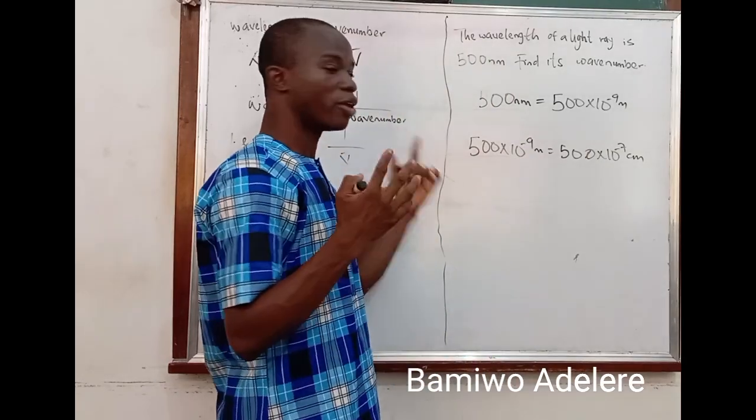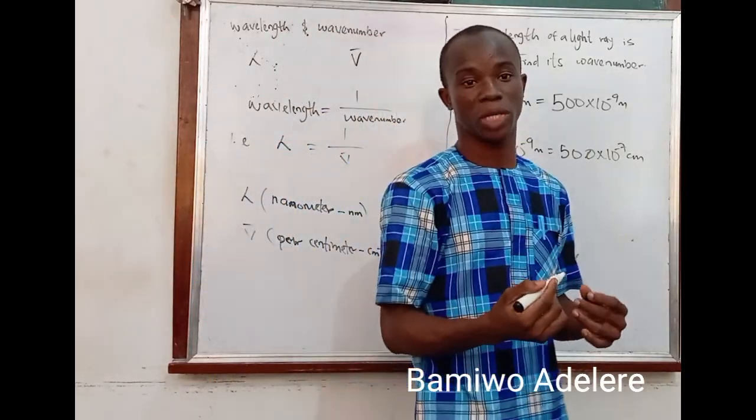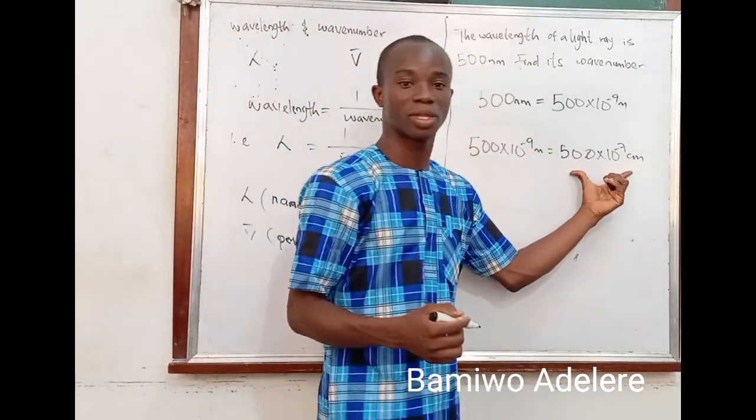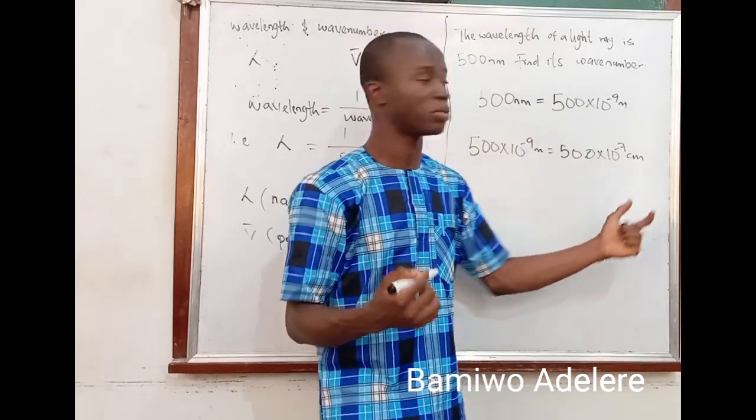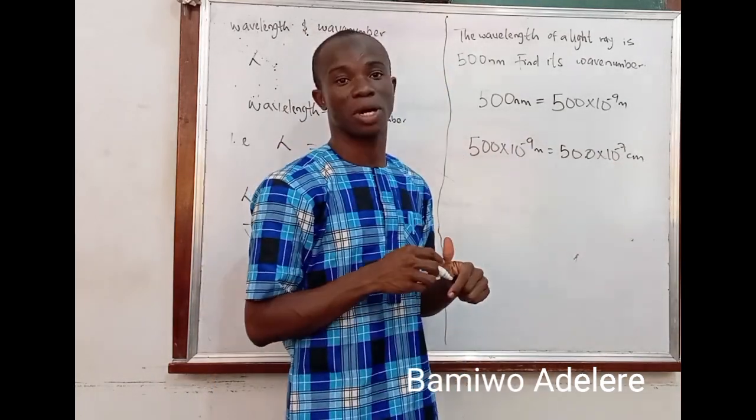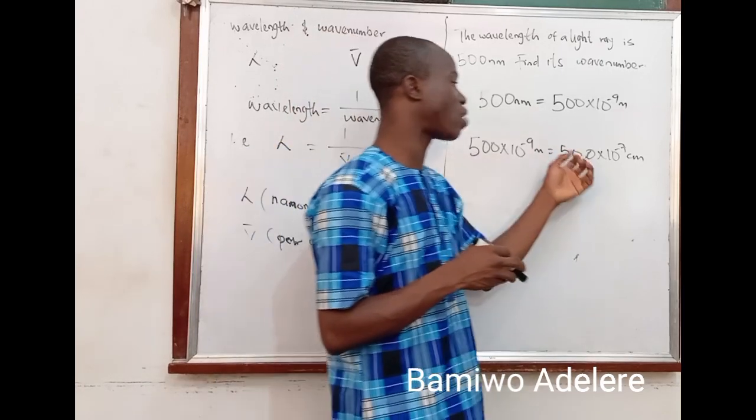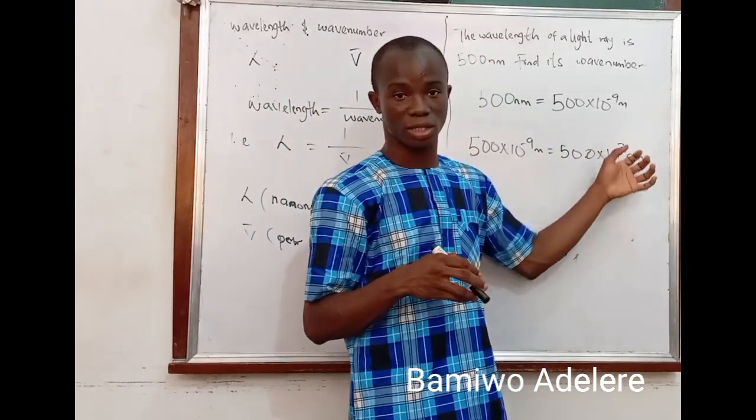If I have 1 meter, I just have to multiply it by 100 to get the same value in centimeter. So 500 times 10 to the power minus 9 multiplied by 100 gives us 500 times 10 to the power minus 7 in centimeter.